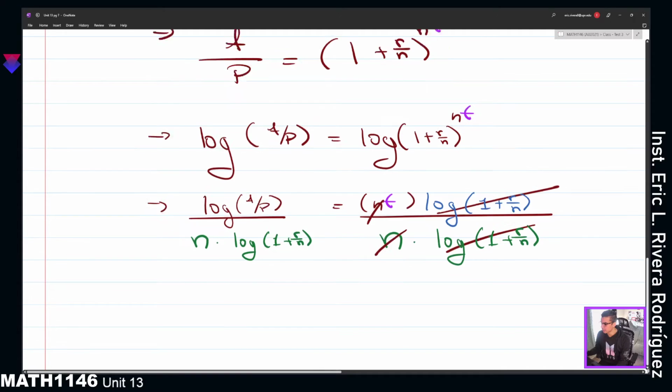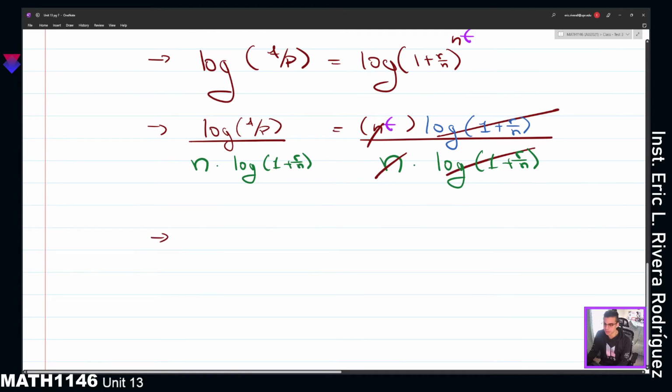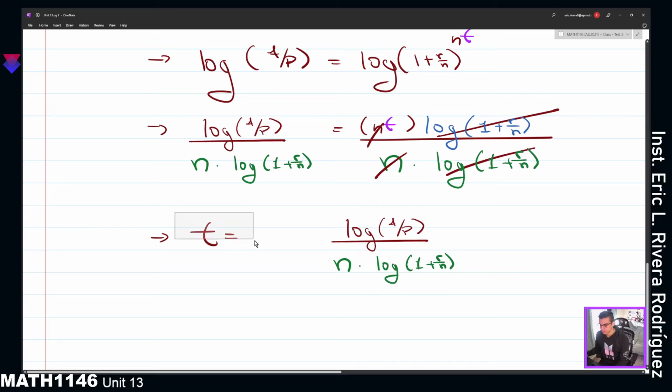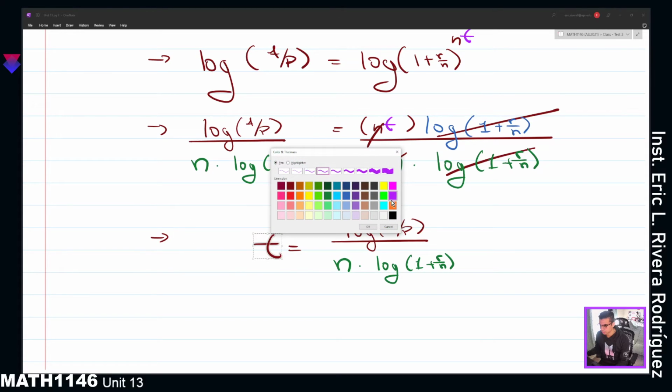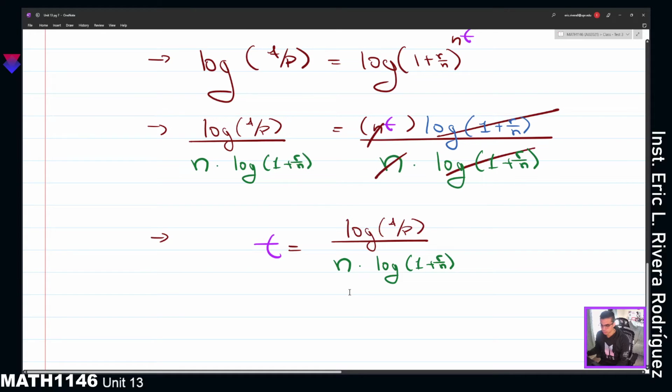And the equation for t will be t equals this. All right, so that is the equation for t.